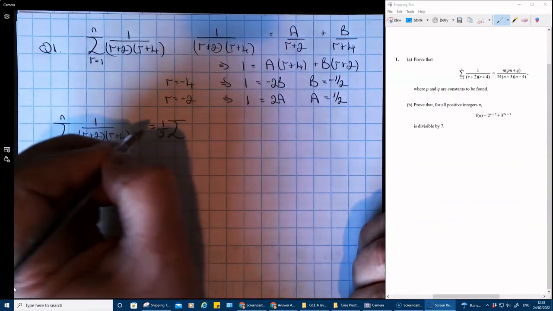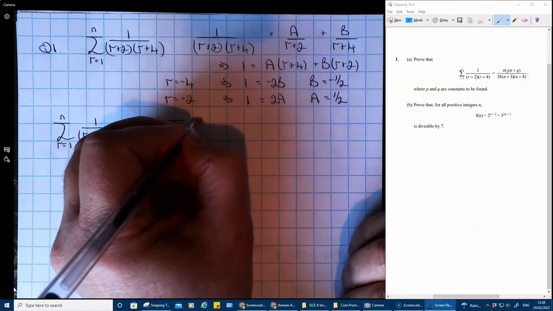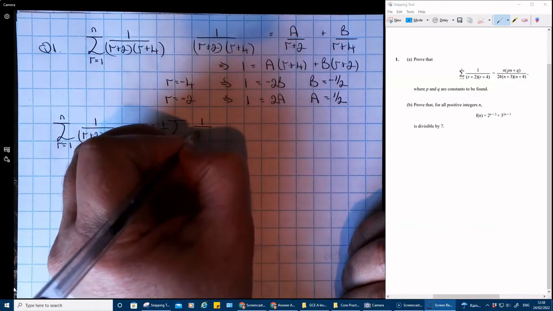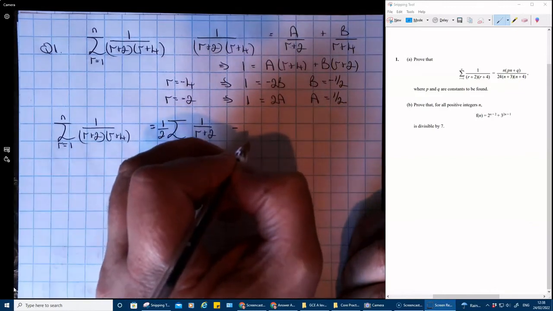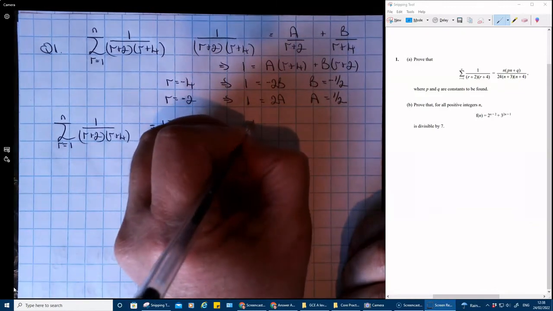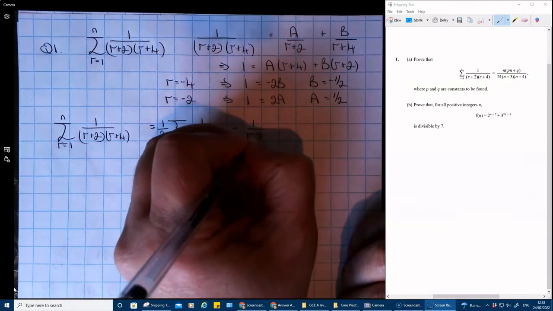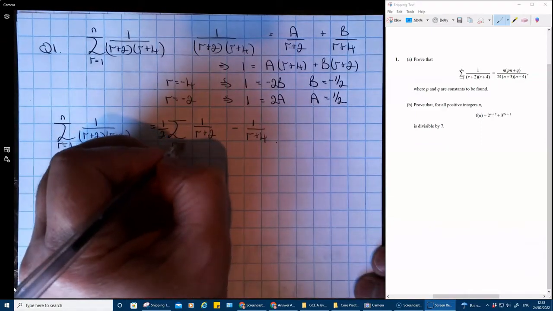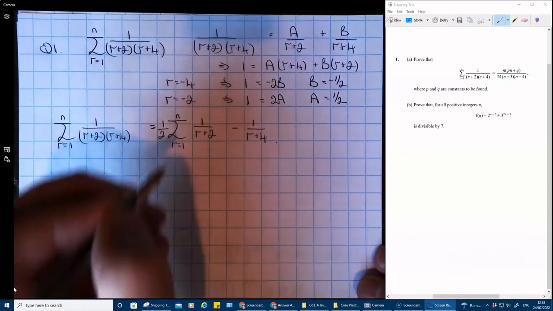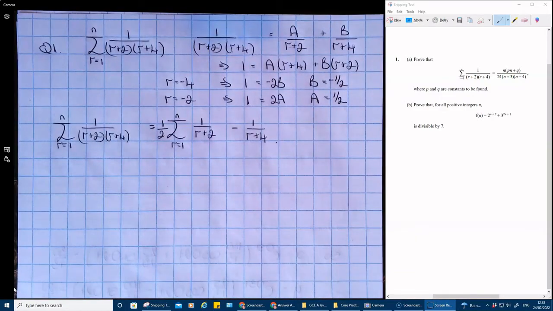You could leave the half in, but I'm going to take it out. 1 over r plus 2, take away 1 over r plus 4, for r equals 1 up to n. So now we're just going to plug in the values and see what happens.